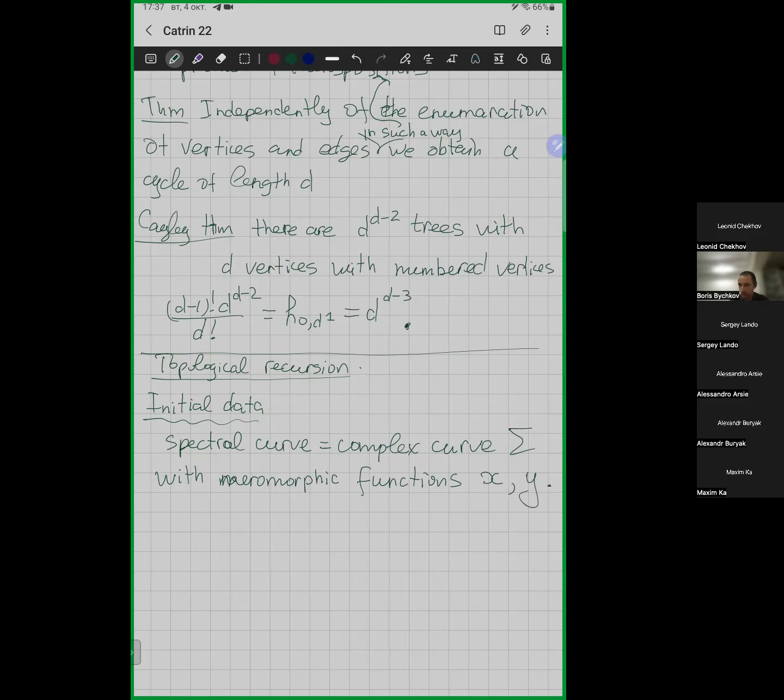I'm not saying whether these functions are global, or just defined in some neighborhood of some points, just any functions x and y.